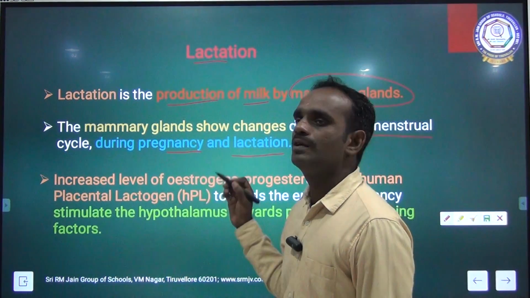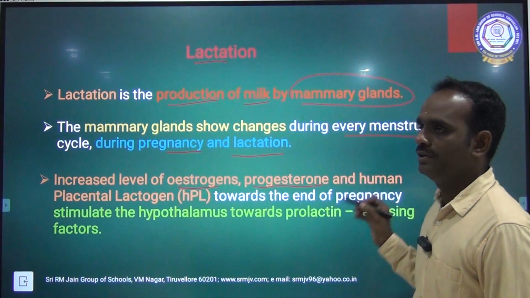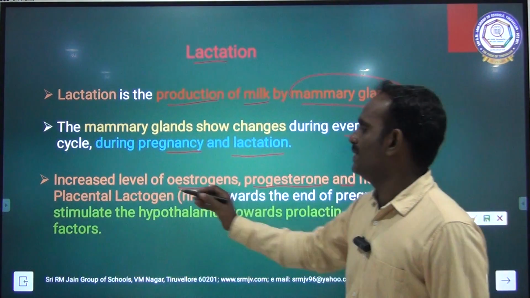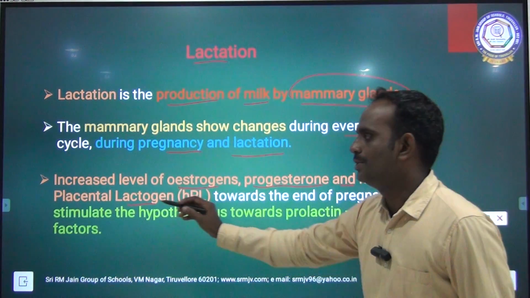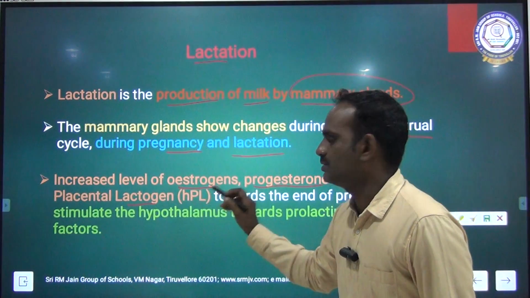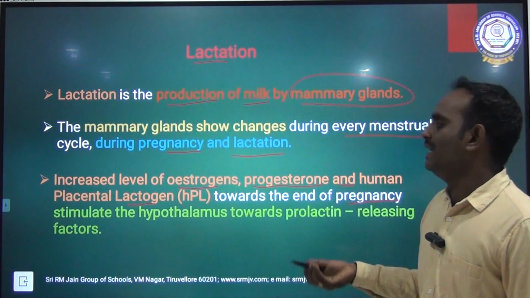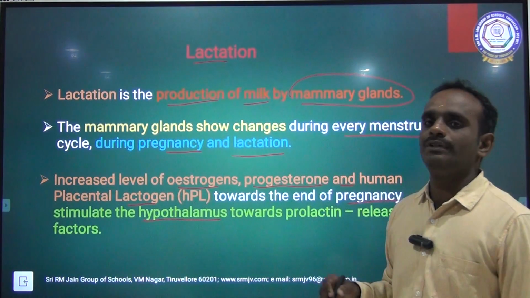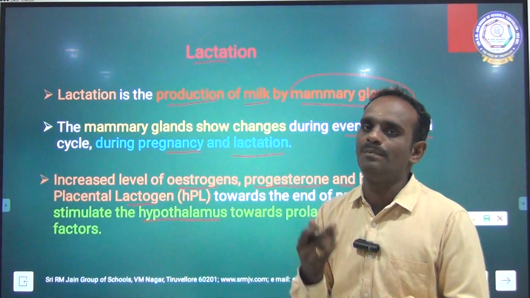Increased levels of hormones such as estrogen, progesterone and human placental lactogen, in short called HPL, towards the end of the pregnancy stimulate the hypothalamus. Hypothalamus is a structure present below the brain.